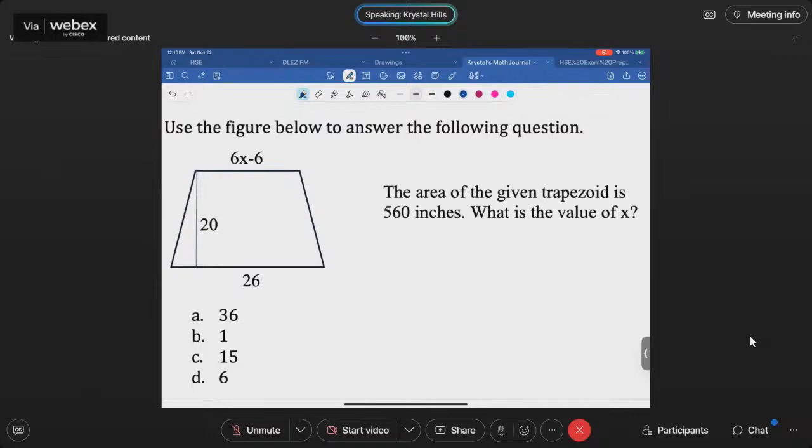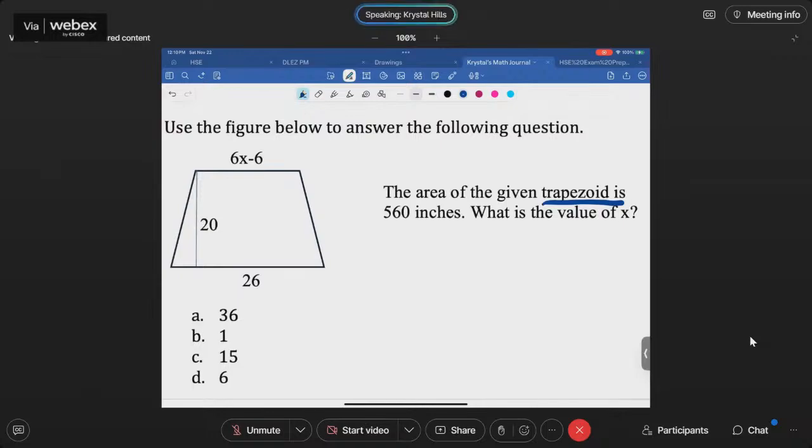This question here deals with geometry and solving for x. You're given a figure with some numbers, with some words, and they ask you, what's the value of x? The first thing we have to do is read. It says the area of the given trapezoid is 560 inches, and they want to know what is the value of x.